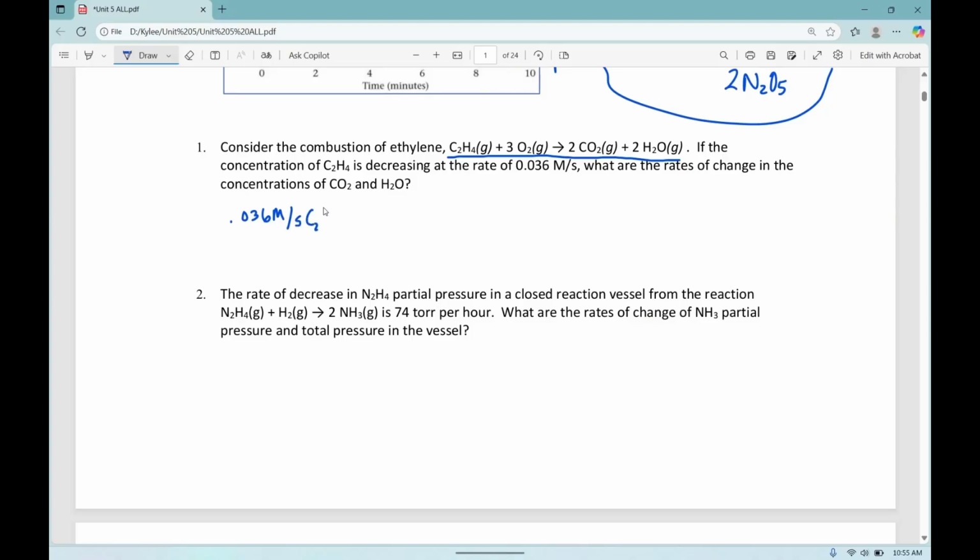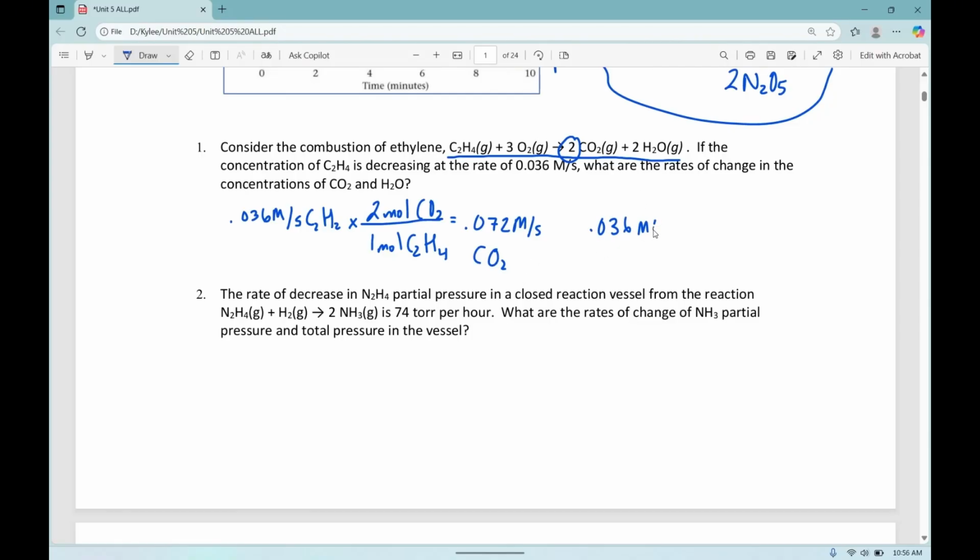If this is the rate for C2H4, I would go to the balanced chemical equation and see that C2H4 has no coefficient, which we assume is 1. And they're asking about CO2, which has a coefficient of 2. So for the carbon dioxide, the rate is going to be happening twice as fast. So I should get 0.072 molar per second for the CO2.